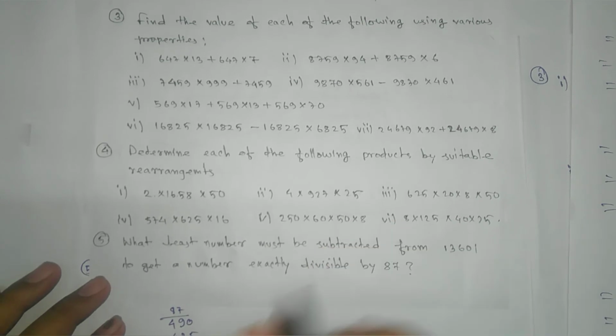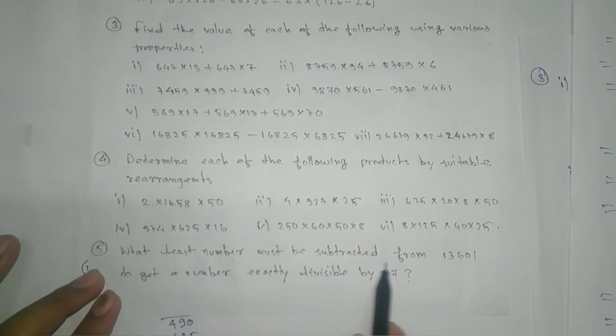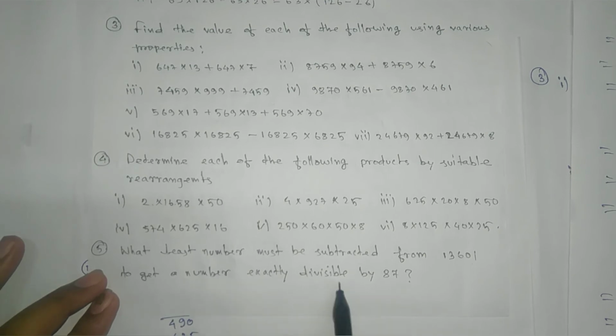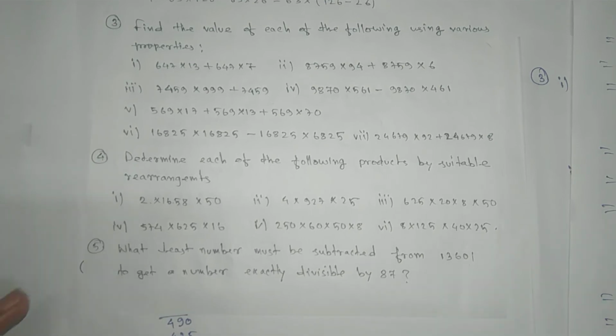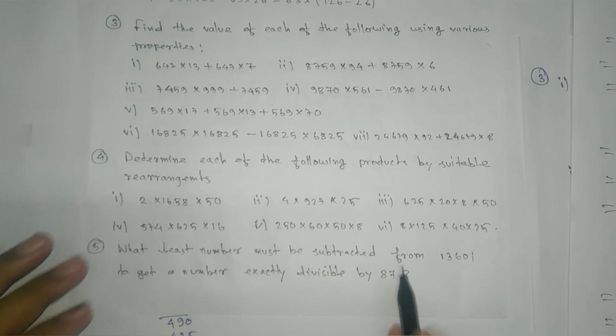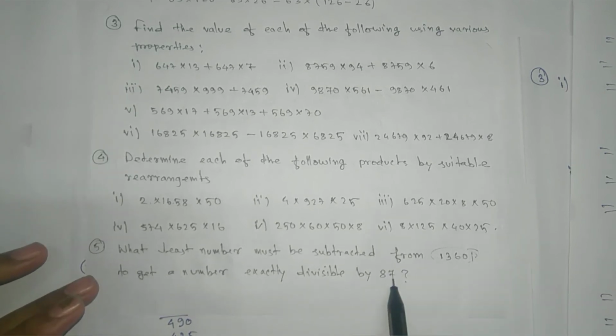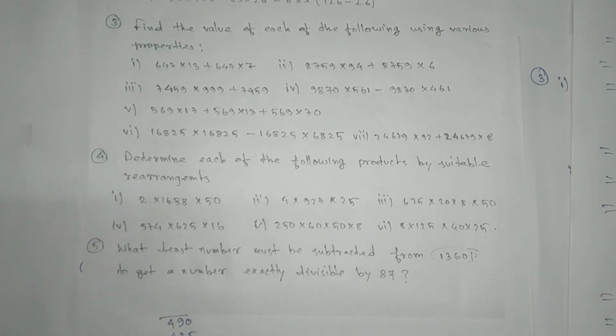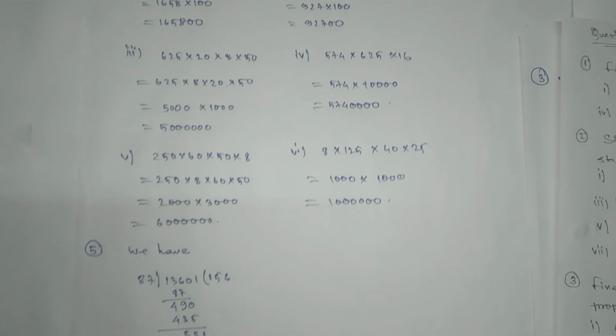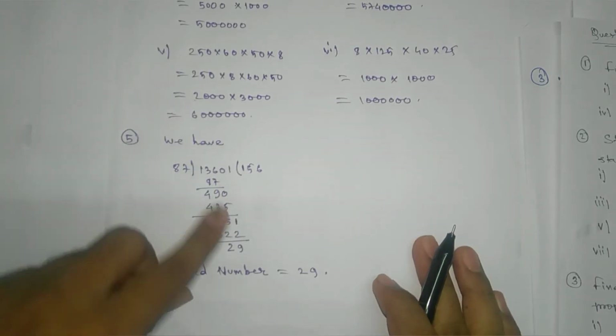Okay, next, last one. What least number must be subtracted from 13,601 to get a number exactly divisible by 87? So what we're going to do, you divide this number by 87. Whatever remainder is left, if I subtract that remainder from this, you will get your required answer. So here we're going to do long division.